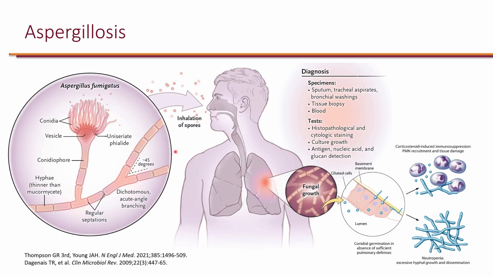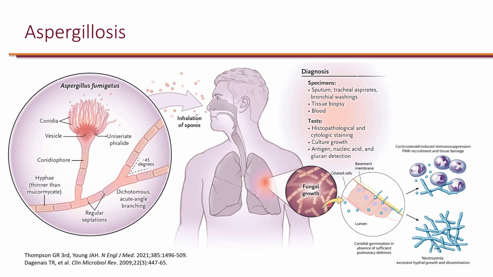Now, one thing that's important to understand about the pathophysiology is that once these aspergillus species are inhaled in the lungs and start to grow, the aspergillus hyphae may invade the pulmonary arterioles, and they can lead to ischemic necrosis, intravascular thrombosis, and hemorrhagic pulmonary infarct due to rapid hyphal growth.